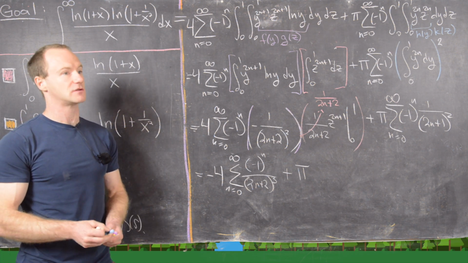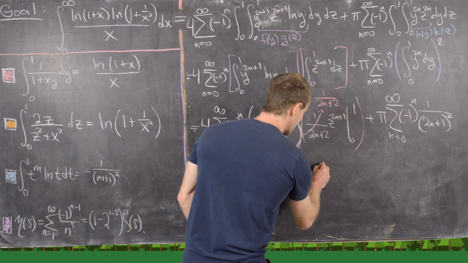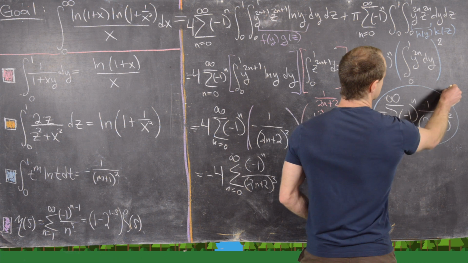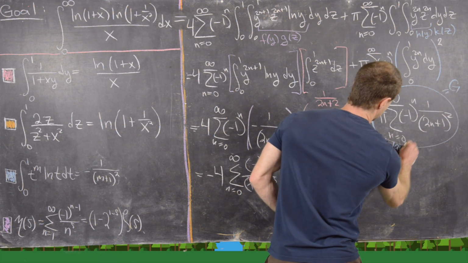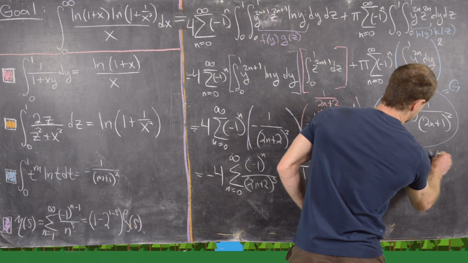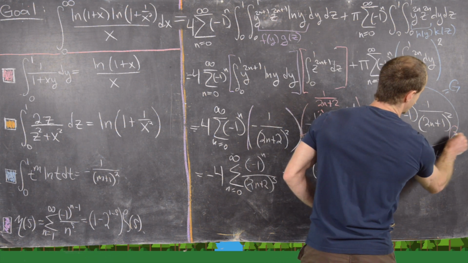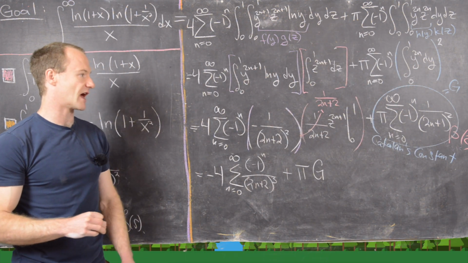It doesn't really have a closed form unless you use this name, and that is G, where G is Catalan's constant. This is also the Dirichlet beta function evaluated at 2, if you want to look that up.